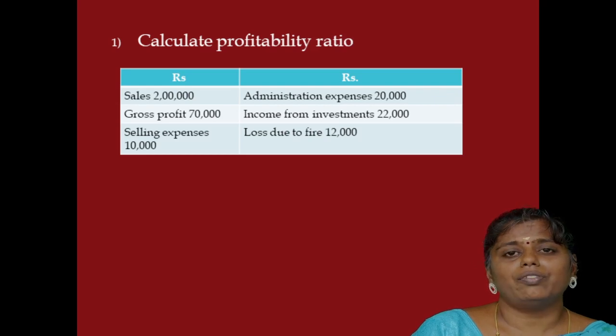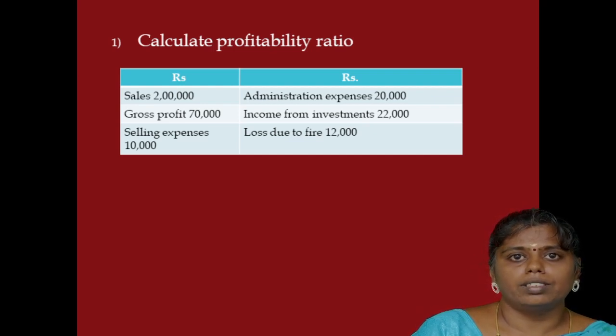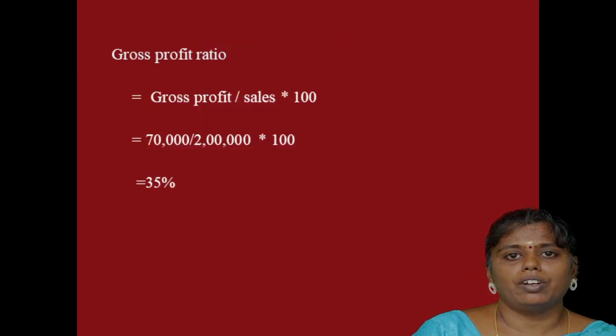So, the gross profit ratio means it includes only the manufacturing expenses. But in this problem, the values of gross profit and sales are directly given. So the formula is gross profit divided by sales. Since no value of sales return is given, we can treat the sales value as net sales.